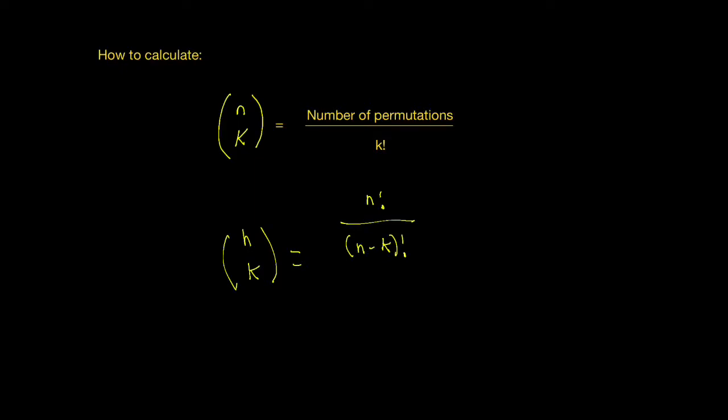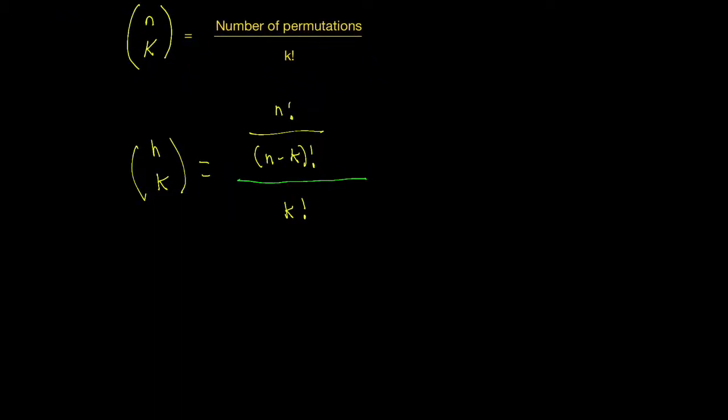And remember, this is all being divided by that k factorial on the bottom. Okay, but now we know how to divide ratios, right? We can do that keep, switch, flip thing. So we're going to keep the numerator, our numerator being n factorial over n minus k factorial.